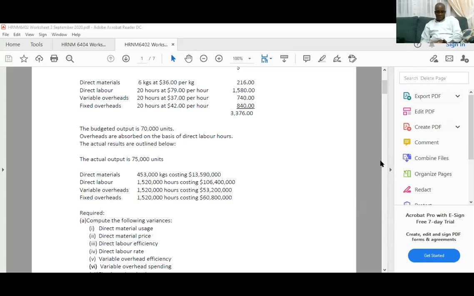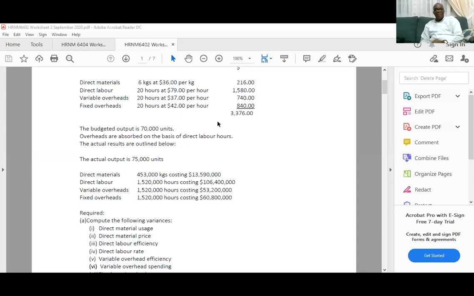Okay, so variable overhead efficiency variance. What we have in the bracket, I want us to note, is the same thing that we would have in the bracket for direct labor efficiency variance. If we look at our workings for direct labor efficiency variance, we had 1,500,000 minus 1,520,000 in the brackets.